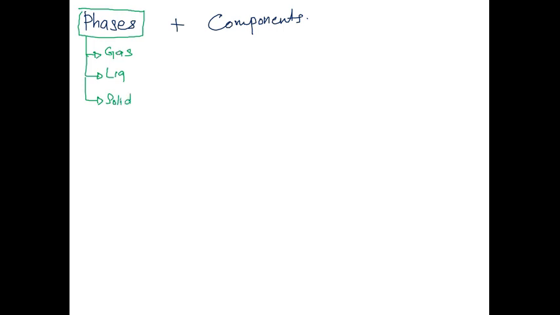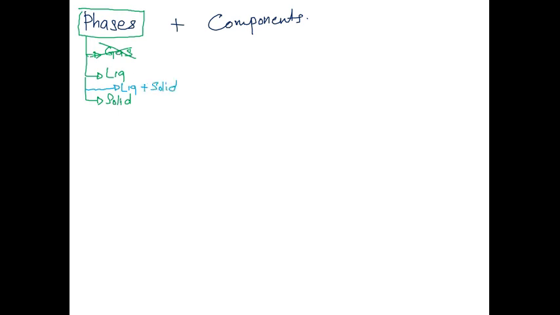So for the phase diagram, we will take out the gas phase lah. So we mainly will look at the liquid and solid phase. Back to the part 1, video part 1. You can also have another phase, which is liquid and solid phase.